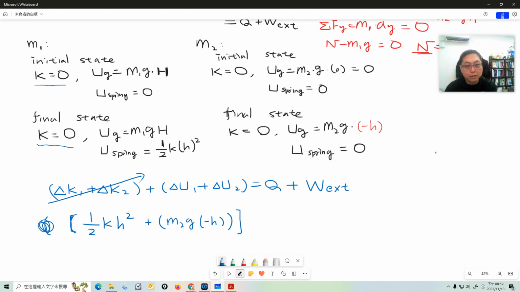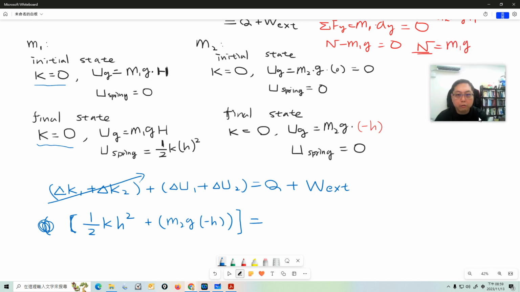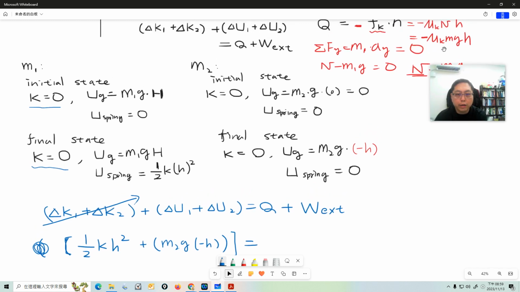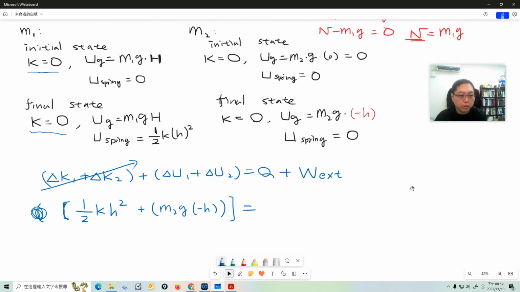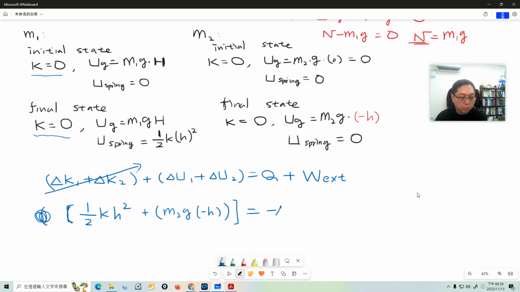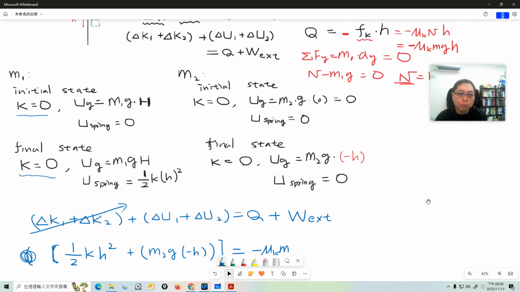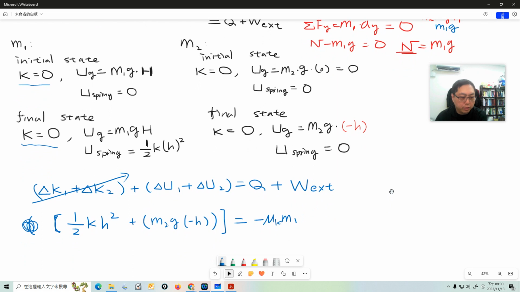So we finish the left hand side. Like I said, this problem is not difficult, but you have a lot of things to consider. Now let's subtract the heat we just calculated: minus mu_k m1gh. The work done by the external force is 0.